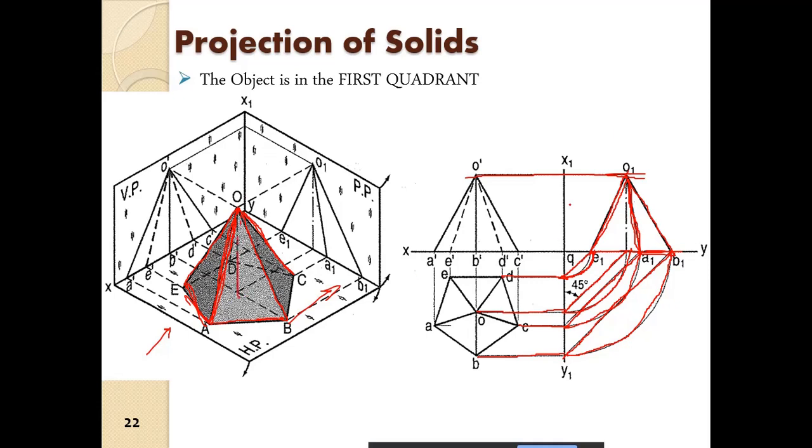This axis is shown here. So that is the left hand side view of the pentagonal pyramid.